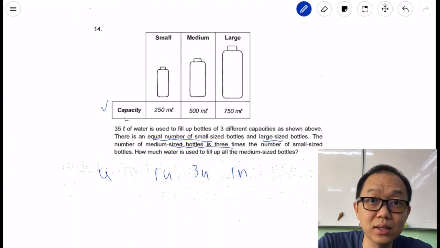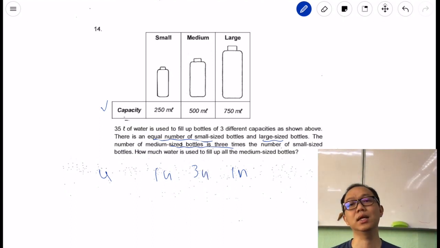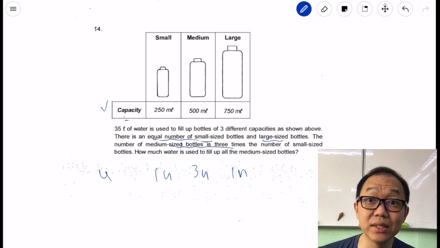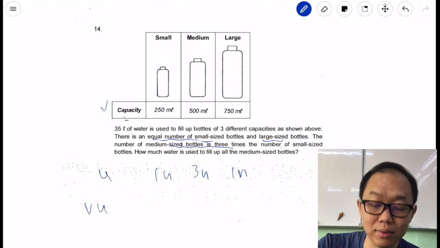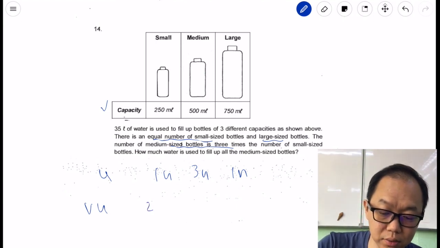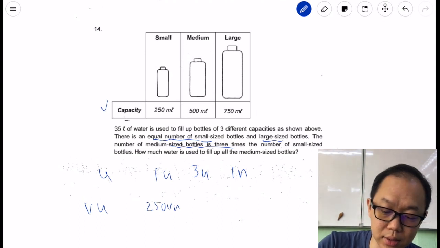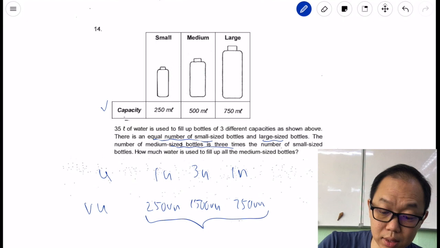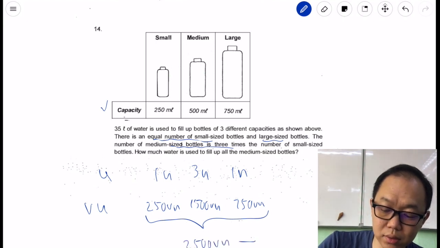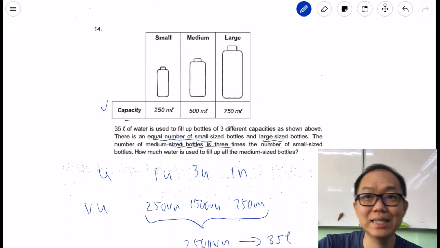For a value and units question, the first thing I always do is find the VU, which means you take value multiplied by unit. So 250 VU. Just multiply: 500 times 3 is 1500 VU, and this is 750 VU. The sum of all of them is 2500 VU. Now 2500 VU represents 35 liters of water.